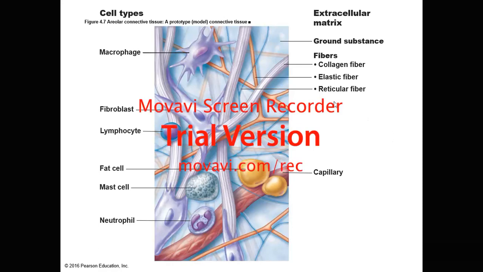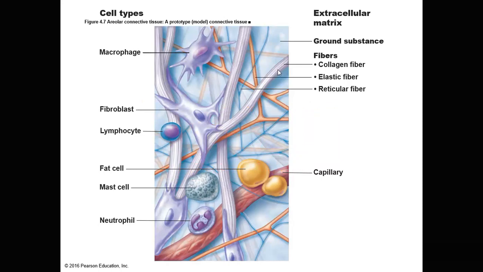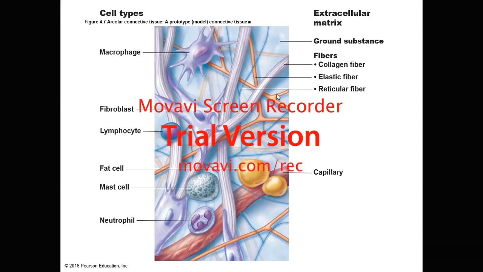Especially if you look at the slides in lab, the collagen fibers normally look more pink than this, and the elastic fibers look more dark purple. And then you have your reticular fibers, which are even thinner. Hopefully there are better slides later on that we'll see. But this is just a diagram.